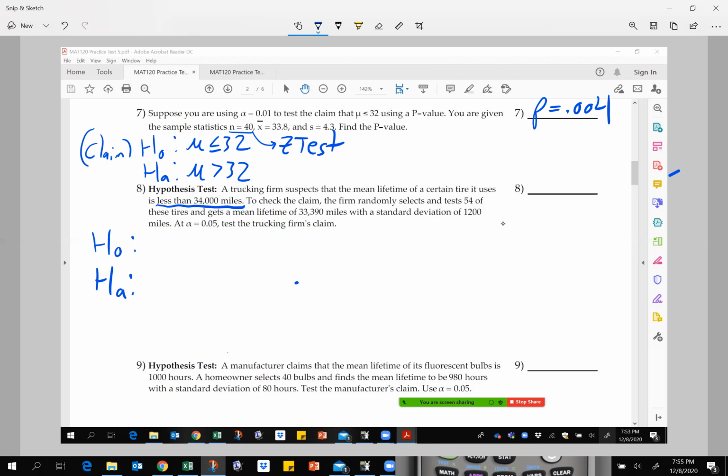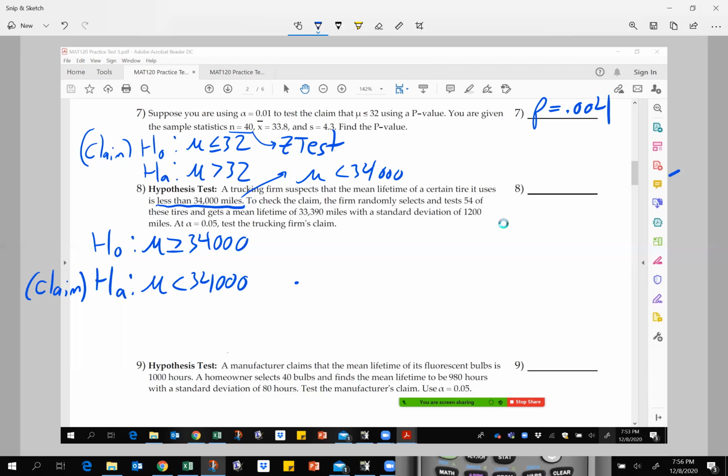So that statement would be saying that mu is less than 34,000, which would be an alternative hypothesis. So for this problem, the claim is going to be the alternative hypothesis. The null hypothesis is the opposite statement. So that would be that the mean is greater than or equal to 34,000.